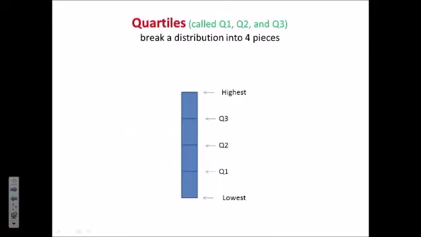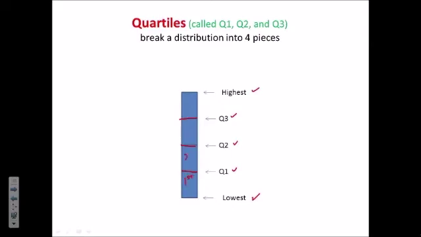Quartiles break a distribution up into 4 pieces. So if we have a distribution sorted from highest to lowest, and we break it up into 4 pieces, the numbers that do that are called Q1, Q2, and Q3. These low scores in this bottom fourth are in the first quartile.